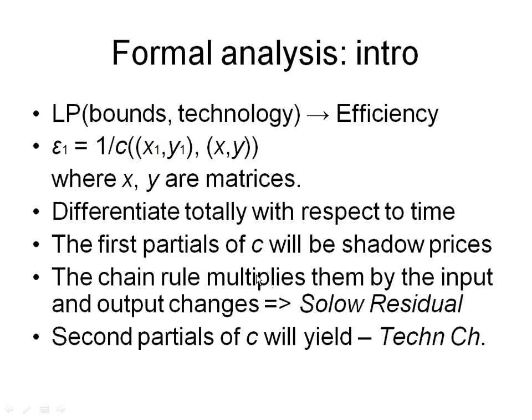Technology is denoted by x comma y. So x is the matrix of all input vectors, y is the matrix of all output vectors. If we benchmark firm 1, we pay special attention to firm 1, and firm 1 is represented by the input-output combination x1, y1.